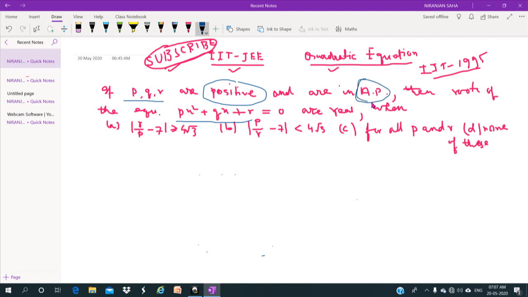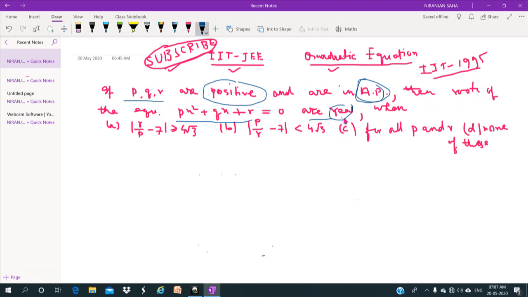So these are the given conditions. The roots of the equation are real.